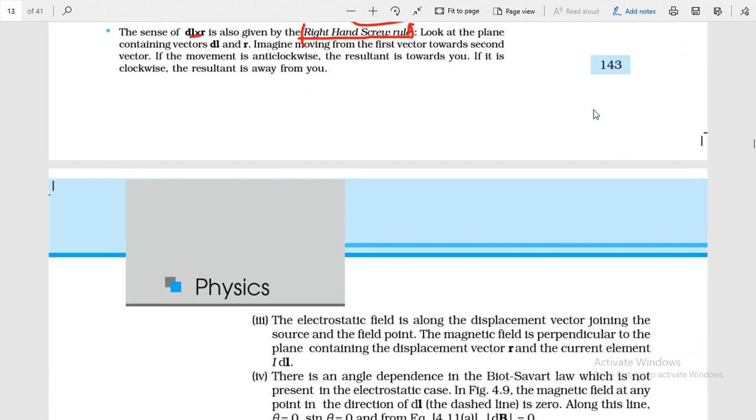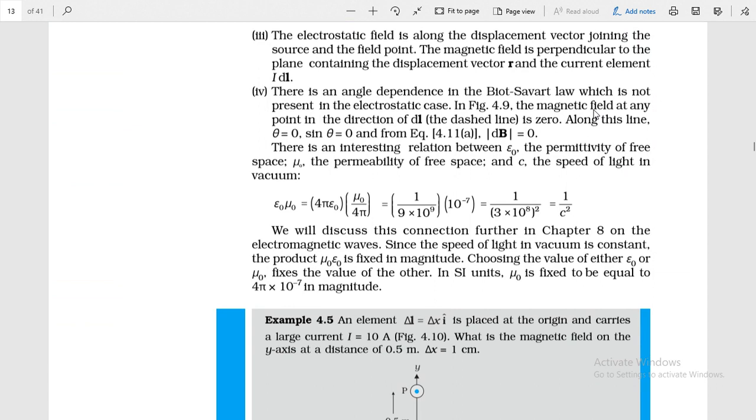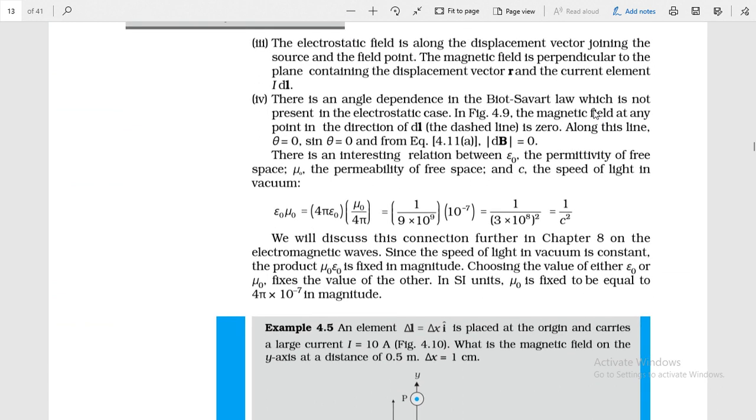So this was some similarities, and this was the direction of the magnetic field at a point due to a current carrying wire. Now let us see the third point.